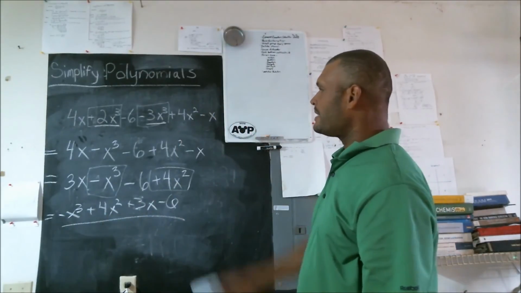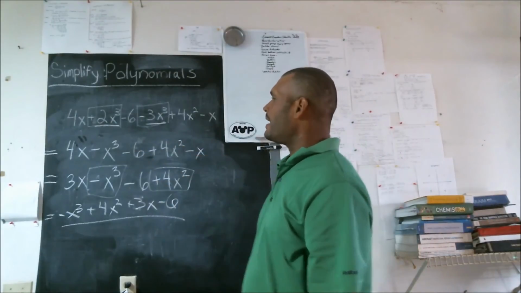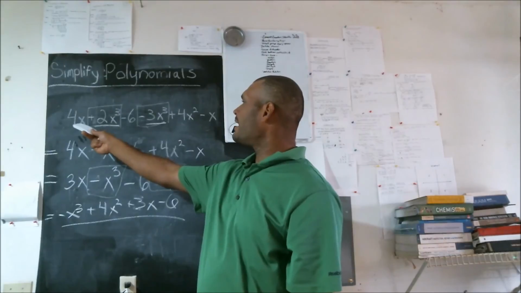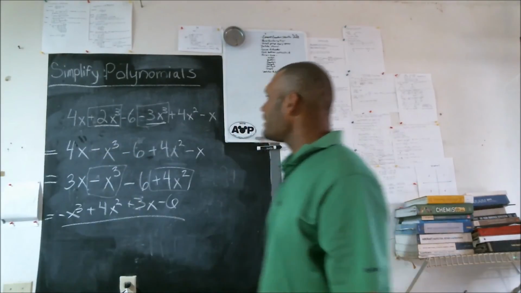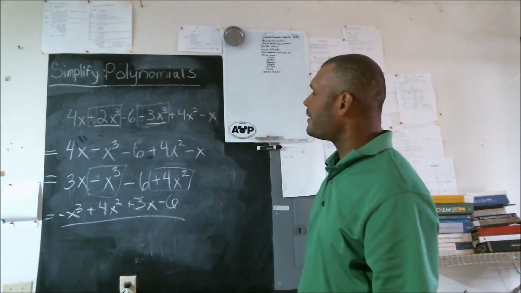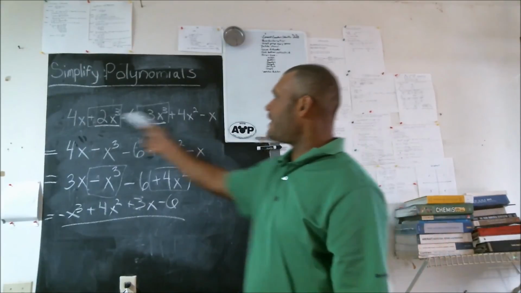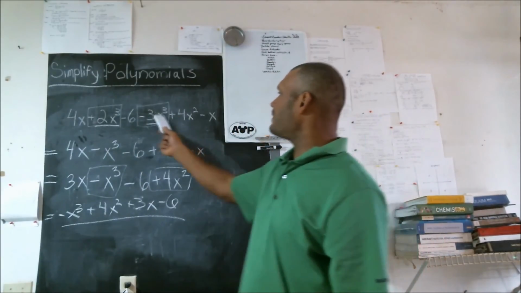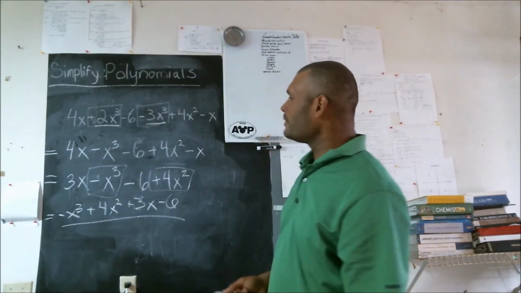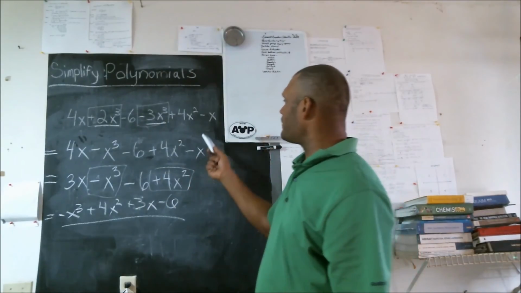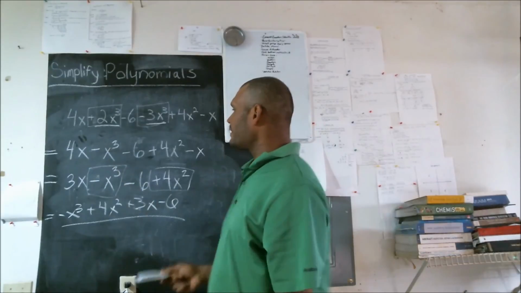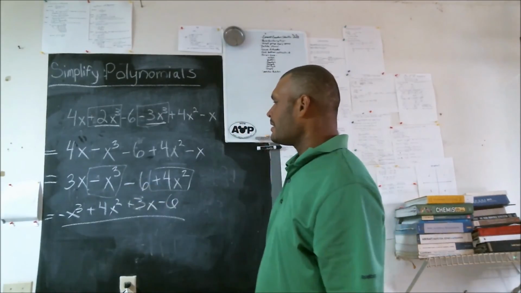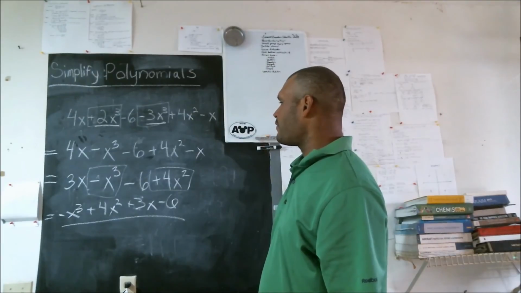And all we did was one simplification here. If this had been a 4x squared as well as this a 4x squared, then we would evaluate those two 4x squared terms also. But we evaluated the cubed exponent and the 1 exponent, and we got 3x minus x cubed minus 6 plus 4x squared.